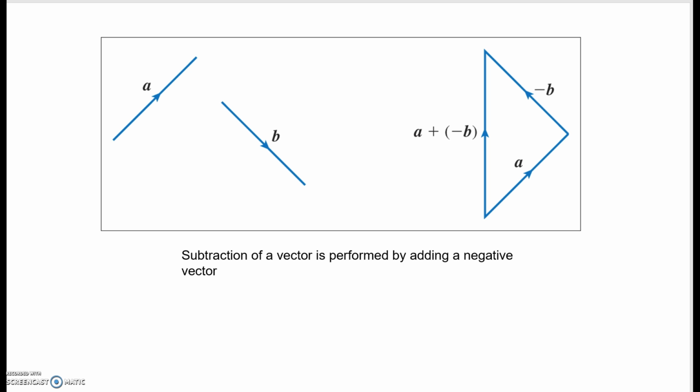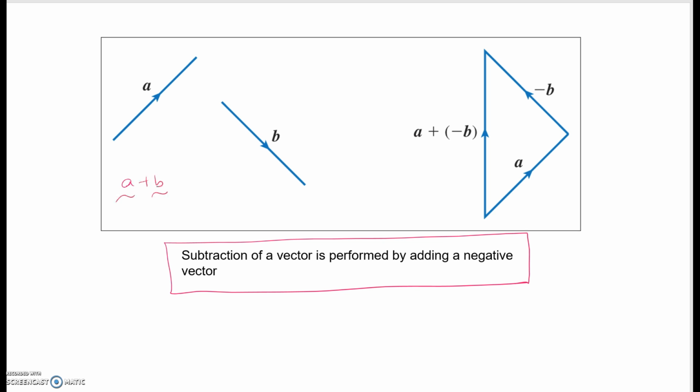Now, we can subtract vectors in the same way as we added them. You remember that subtraction is just the opposite of addition anyway. So here, the same way, subtraction is performed by adding a negative vector. So instead of doing A plus B by putting the end of A to there, if we're going to do subtraction, we put the opposite vector.